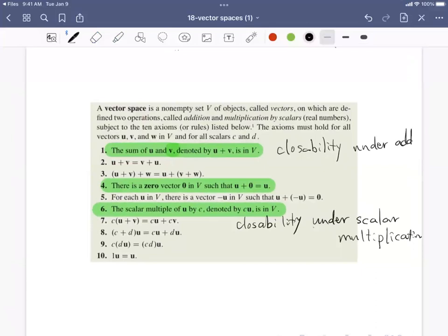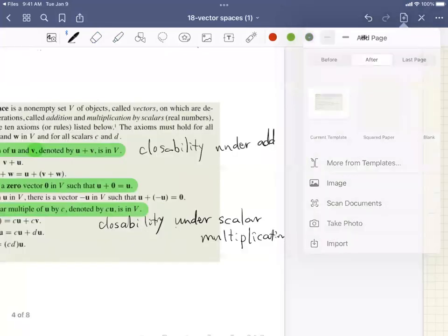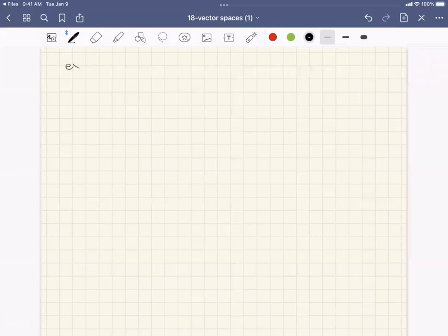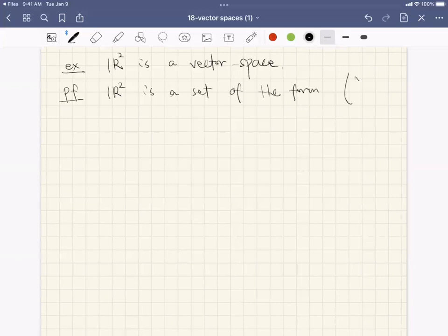So one example we can check with all 10 rules is that R2 is a vector space. To check that, first of all, R2 is a set of objects of the form (v1, v2), right?